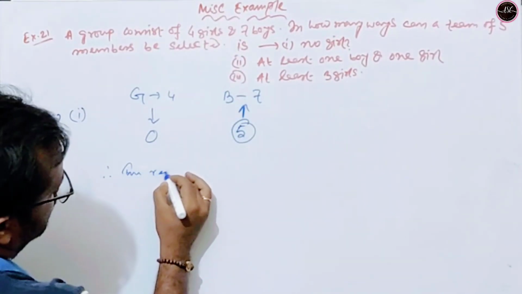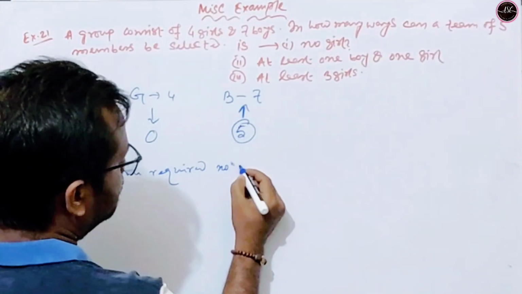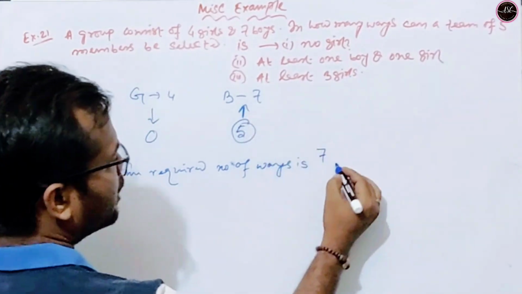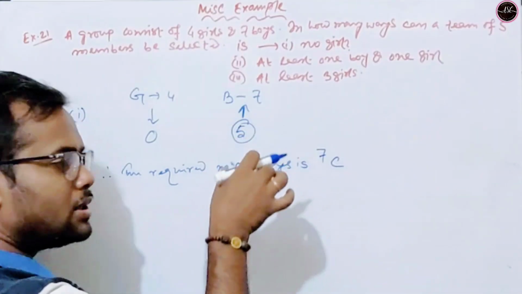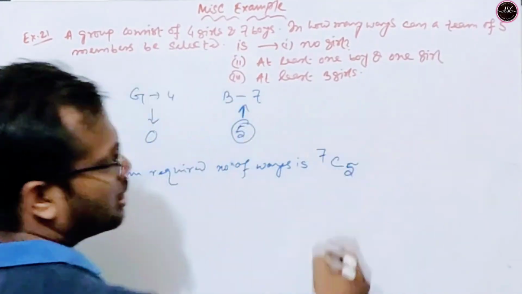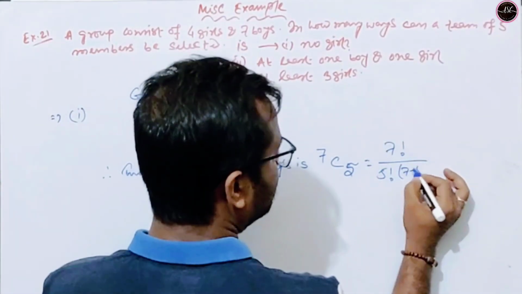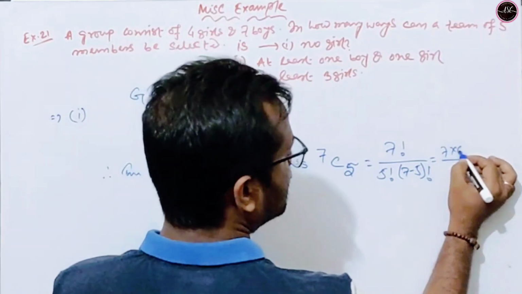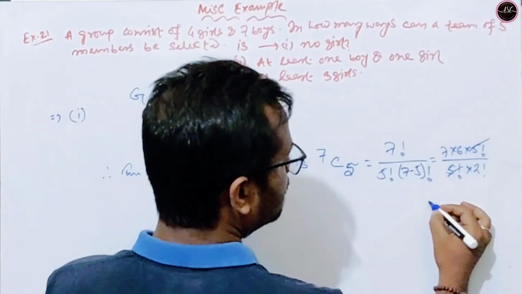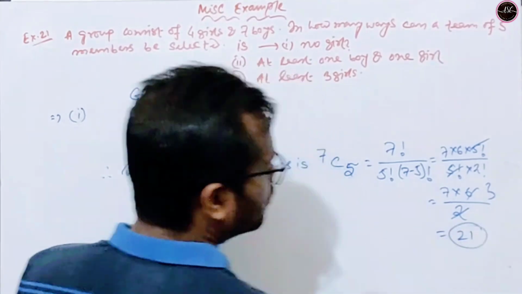Therefore the required number of ways: n equal to 7, from 7 boys 5 have to be selected. So 7C5. Just apply the formula: 7 factorial divided by 5 factorial into (7 minus 5) factorial. So we have 7 into 6 into 5 factorial divided by 5 factorial into 2 factorial. Here we have 7 into 6 divided by 2, so there are 21 ways.